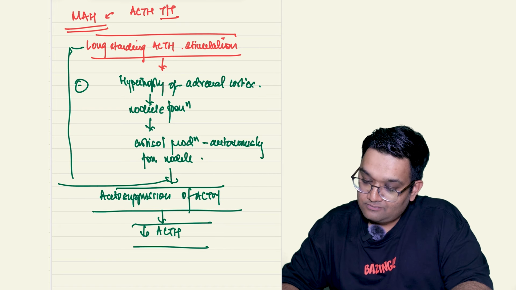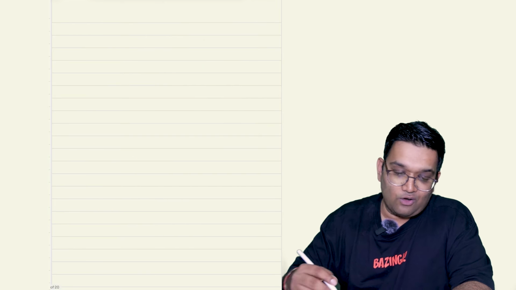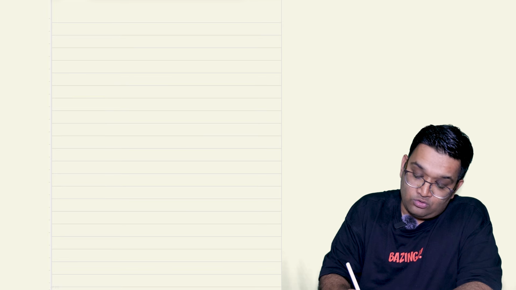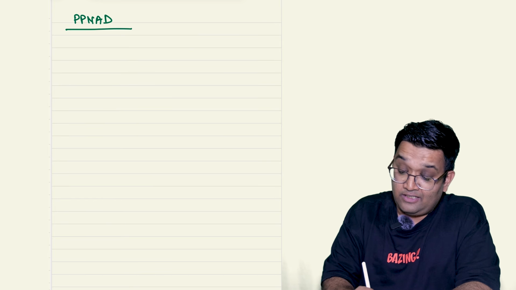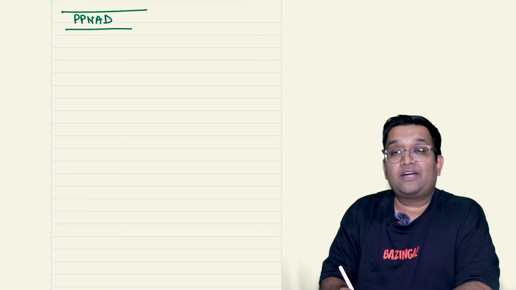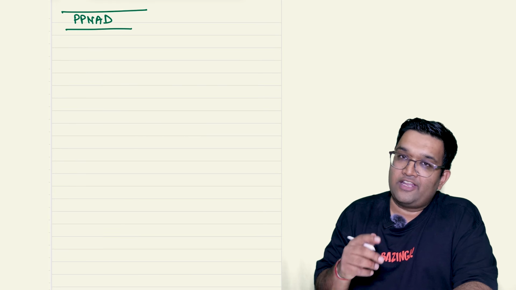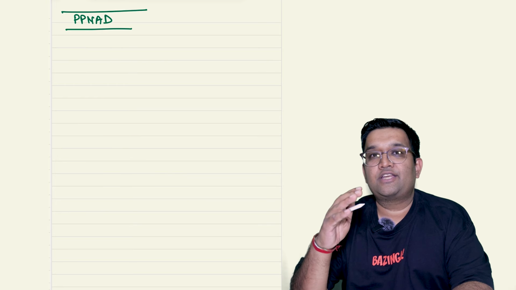Alright. Now coming on to two features, rather than two diseases. One is primary pigmented nodular adrenal disease, which is PPNAD. We have finished our ACTH dependent causes.